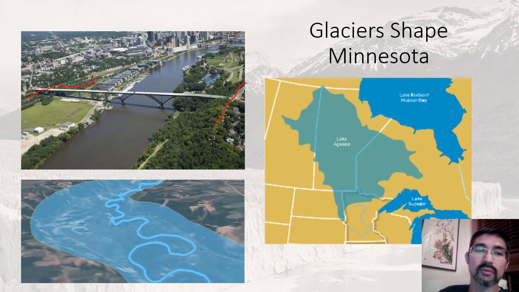And the river itself is actually a smaller portion in the middle, but when Lake Agassiz was draining into the Mississippi River, water went from bank to bank, so it was a much larger river back then. And here we can see an image of exactly how large the Mississippi River was when Lake Agassiz was draining into it.